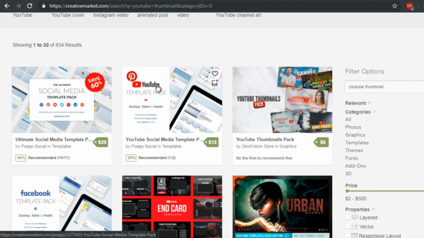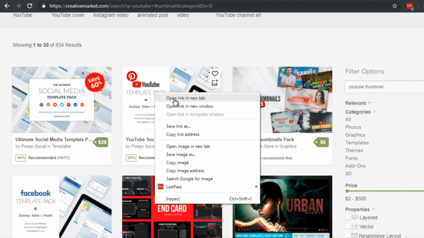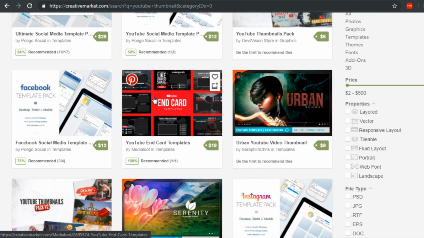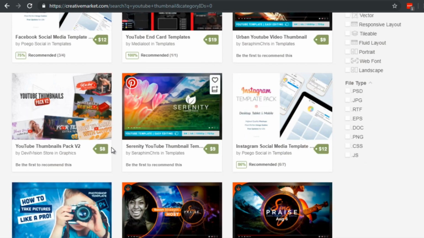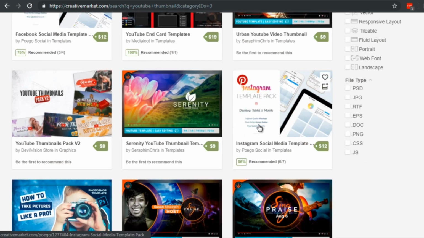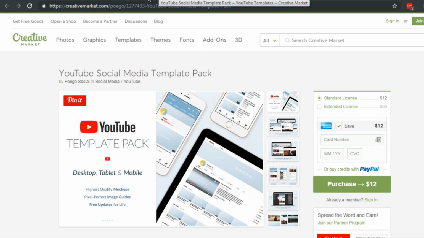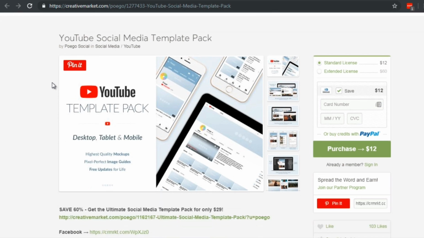It says YouTube thumbnail pack. Let's go ahead and open that. There's one here. There are end cards, but that's a little bit different; that basically comes at the very end of your video. So we've got urban thumbnails, different types of thumbnails. The reason I like Creative Market is that buying templates specifically for YouTube thumbnails is going to make your life a lot easier, especially if you can make it professional.